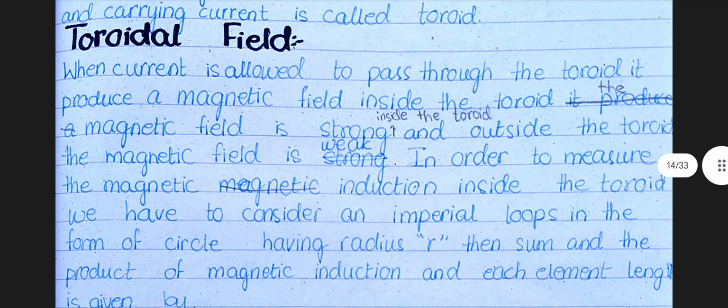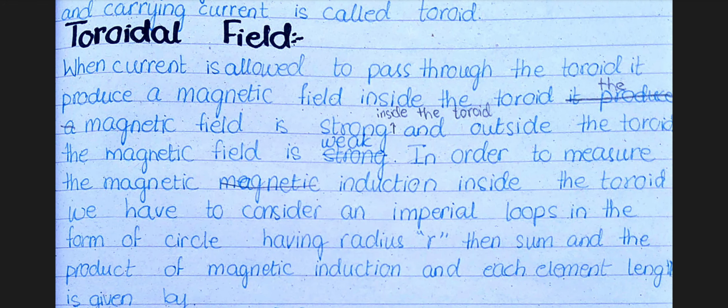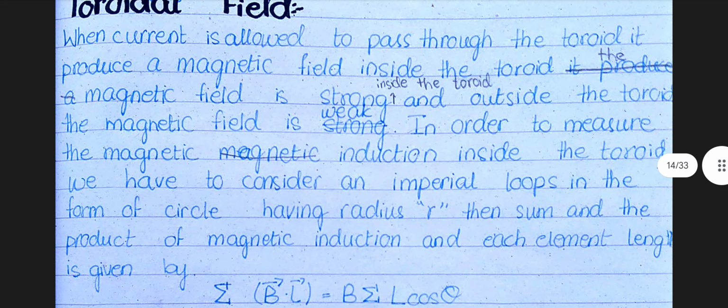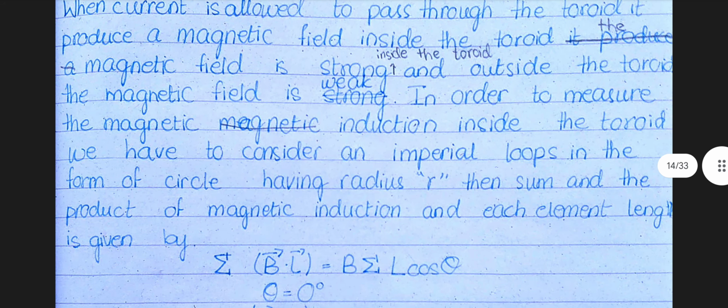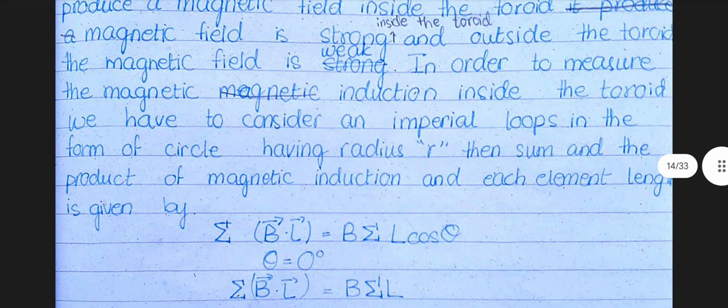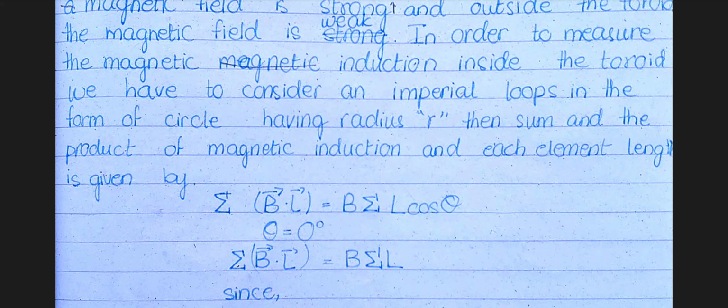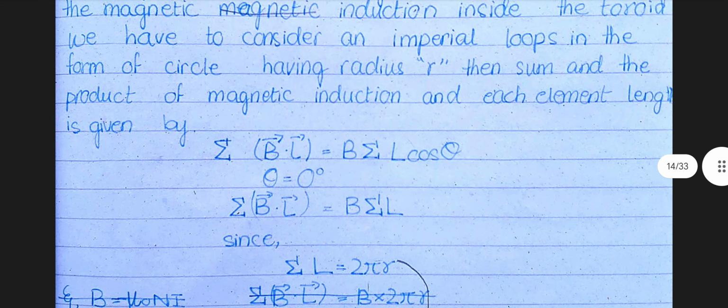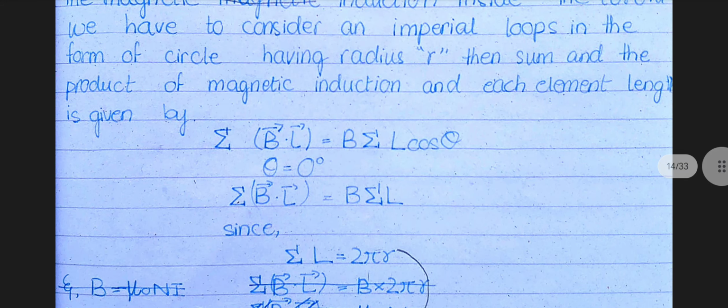In order to measure the magnetic induction inside the toroid, we consider an Amperian loop in the form of a circle having radius r. Then the sum of the product of magnetic induction and each element length is given by summation B vector dot delta L vector is equal to B summation L cos theta.